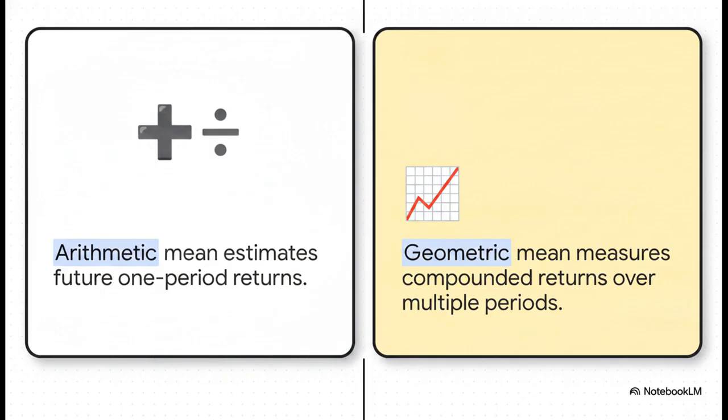Whenever you hear the phrases compound interest or annualized return, you need to instantly think geometric. Think about it this way. Let's say an investment loses 50% one year and then gains 50% the next. Your arithmetic average is 0, but your actual geometric return is deeply negative because your overall capital base shrank. So for historical, multi-period performance, always use geometric.